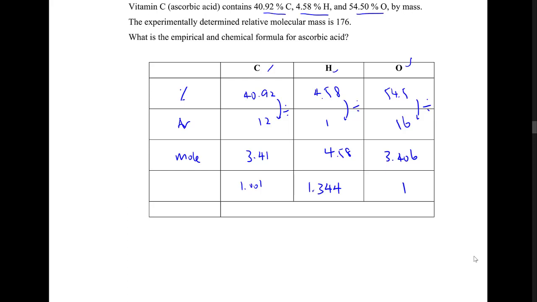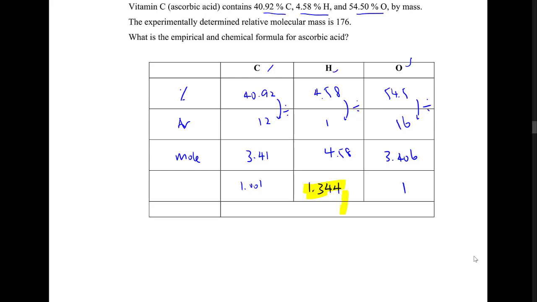So in this case, as I mentioned earlier, you cannot round H down to 1. You will not get it correct. So you need to figure out how to get to the nearest whole number. And if it's a 0.3, I'm going to test this by multiplying by 3. If I multiply 1.344 by 3, I get about 4.03. So that kind of works.